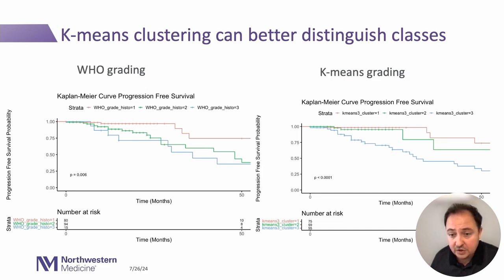You can see a clear, better separation than with the WHO grading Kaplan-Meier curve, indicating that methylation can distinguish between clusters that are meaningful, with a component regarding survival in those patients. The p-value for the k-means grading Kaplan-Meier is actually lower.